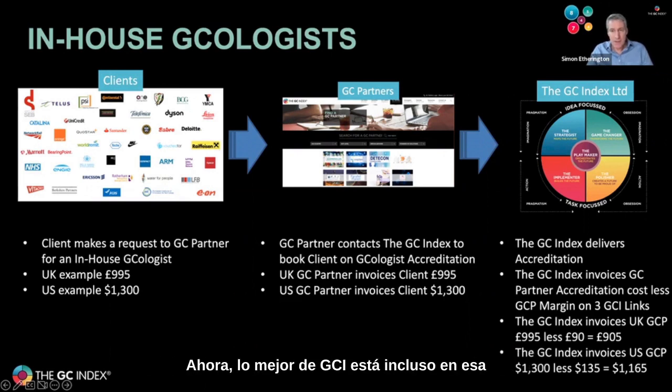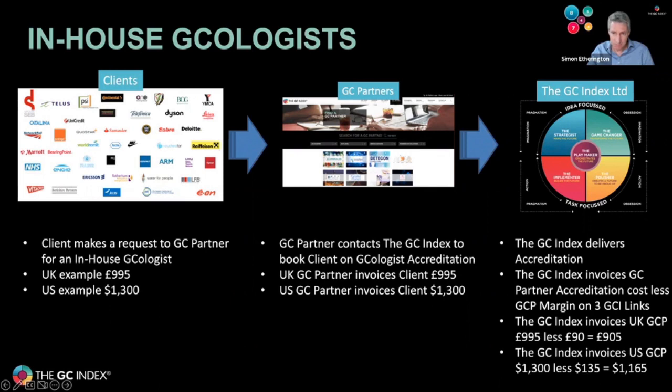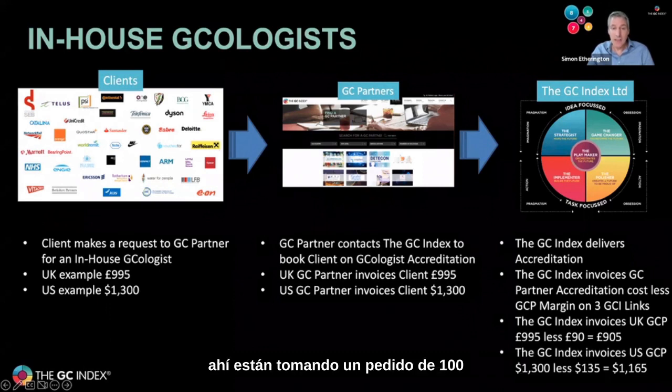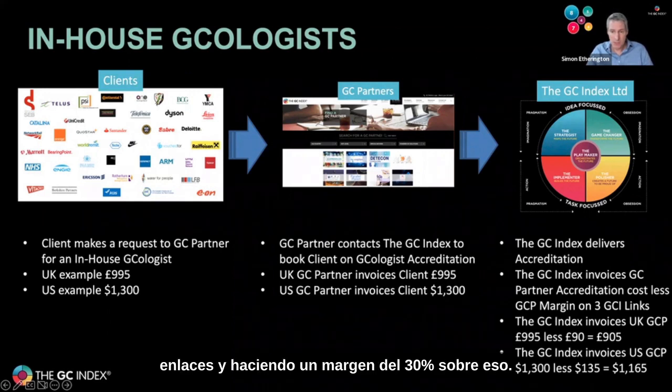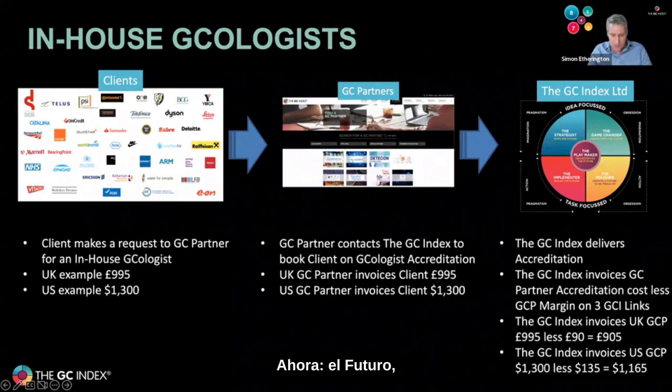Now, the great thing about the GCNX is even in that third category where the client's doing things on their own, they still need to come to you for the GCNX product. So they're still coming to you and saying, we're doing a big recruitment campaign, we need 100 links, and you're taking an order for 100 links and making 30% margin on that. Okay, so that's the in-house GCologist piece.